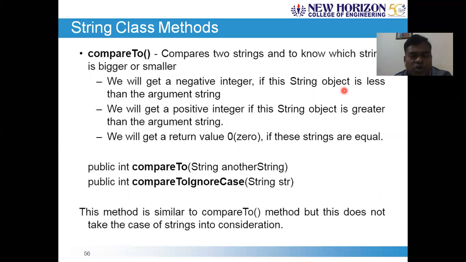When you do so, we'll get a negative number if string 1 is less than string 2. If S1 is less than S2, then we'll get a negative number. We'll get a positive number if S1 is greater than S2. And we'll get a value 0 if string 1 and string 2 are both equal.